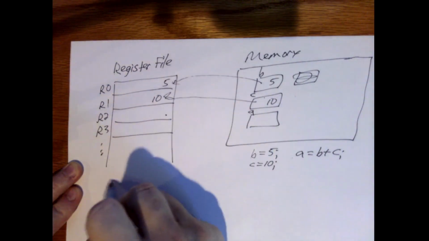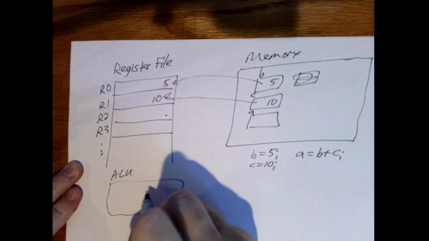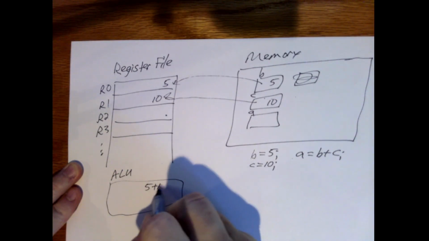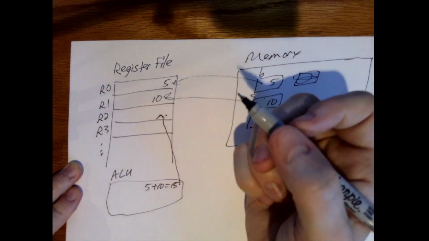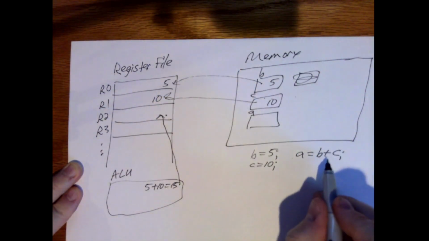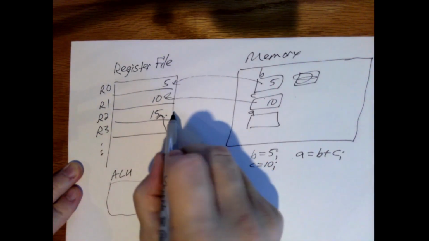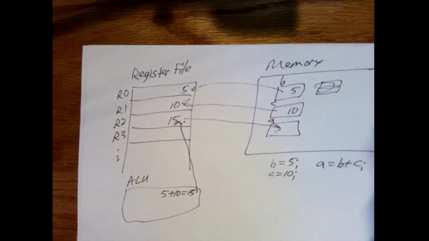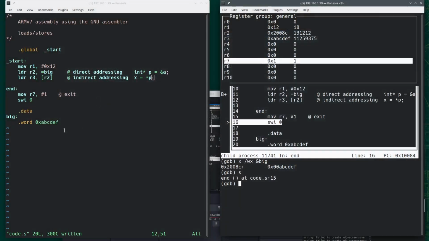Technically, with the arithmetic logic unit, these values would get transferred down here and produce 5 plus 10 equals 15. The 15 would get copied back. So we would do an add for this, and then we store what's in R2 to this memory location. So that's basically what the process is.